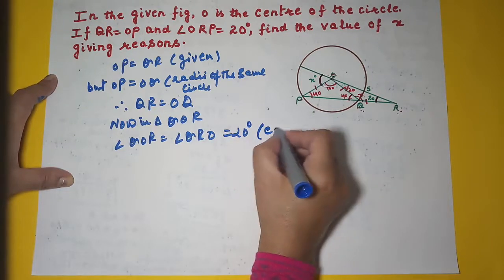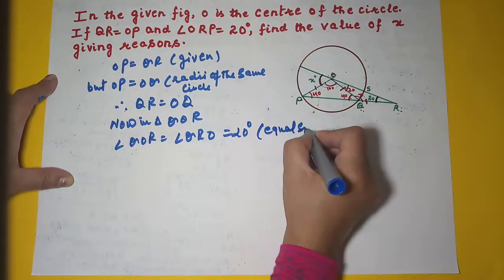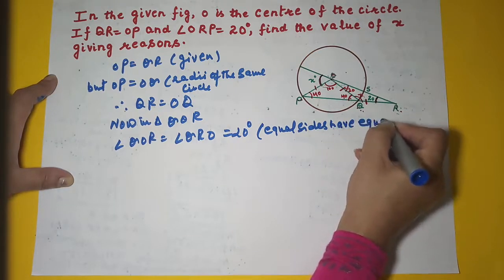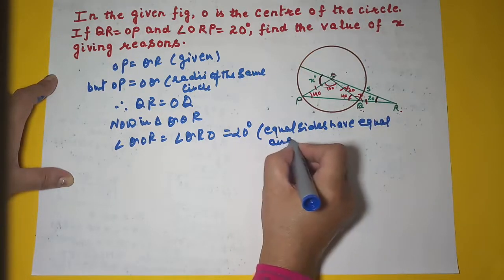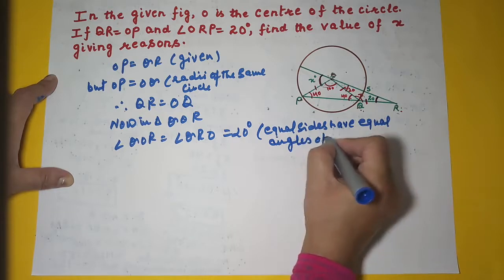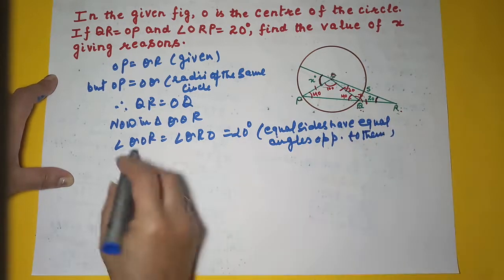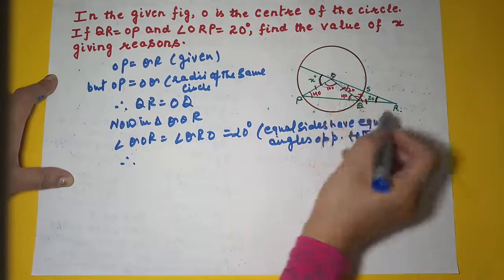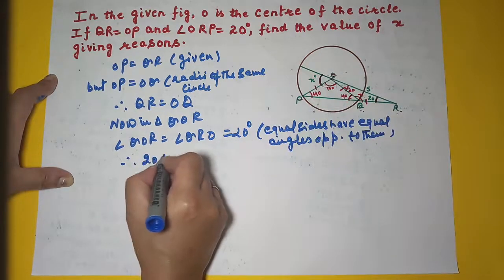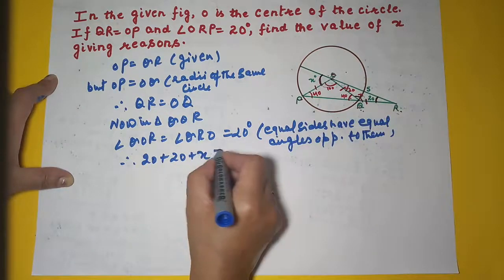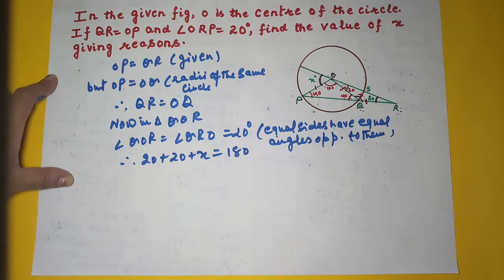Reason? Equal sides have equal angles opposite to them. Therefore, in this triangle, 20 plus 20 plus this angle we have named X equal to 180, right?